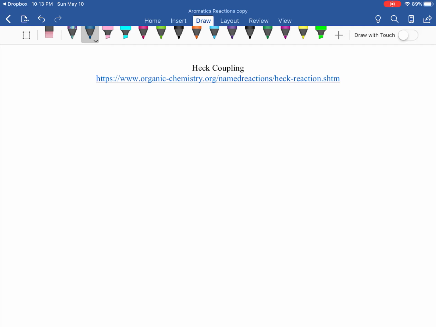The Heck coupling started a little bit before then, but has certainly become more mainstream in the 2000s. And what's awesome is you can take either a chloride or bromide on your benzene, so bromobenzene or chlorobenzene, as long as you've got a halogen there, or you can do either one.